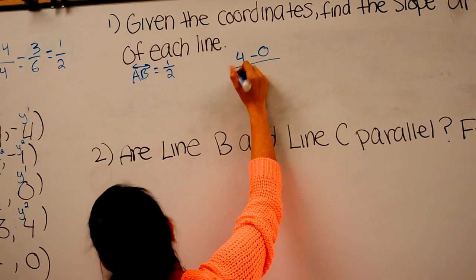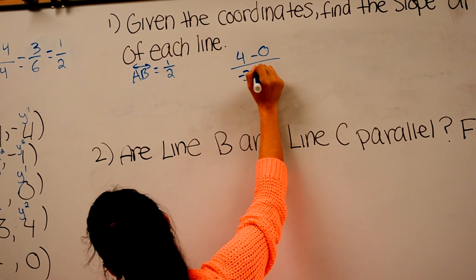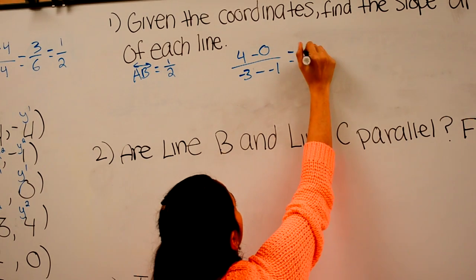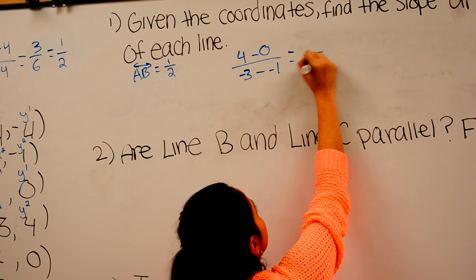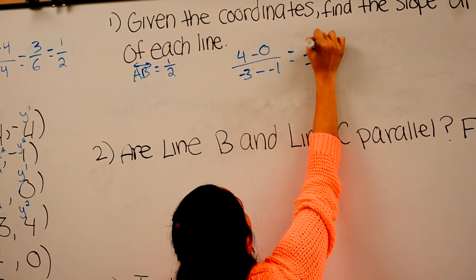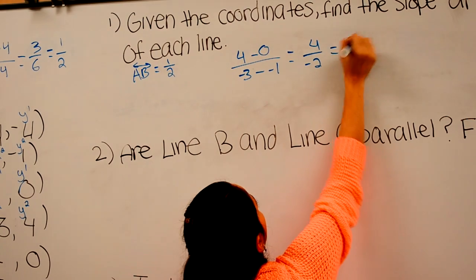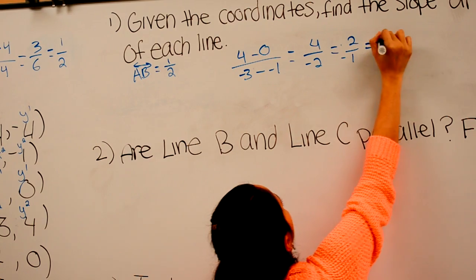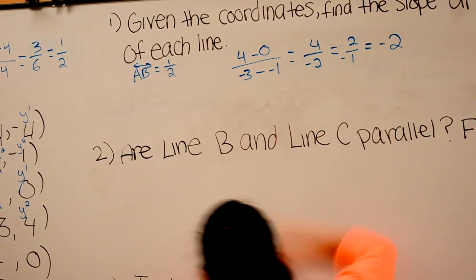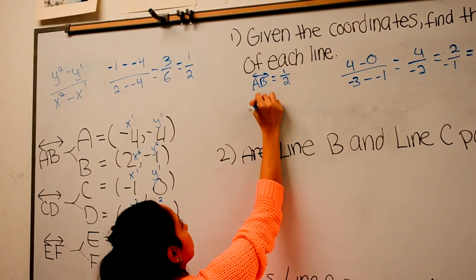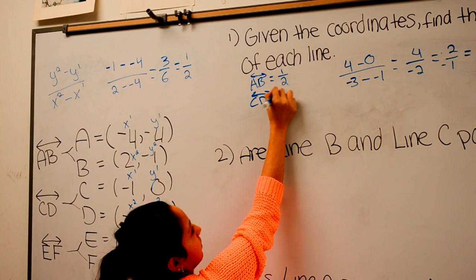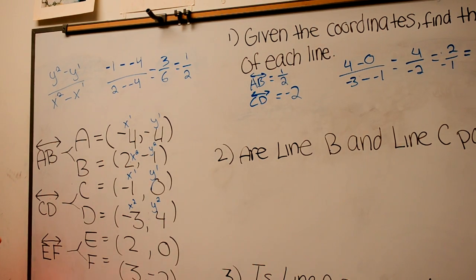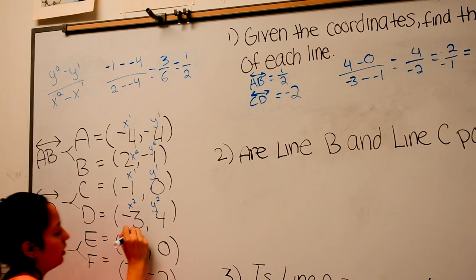X2 is -3, minus x1, which is -1. So if you do this, this would be -2. So the slope of CD is -2. And for EF, we'll do the same thing, so we'll label them.